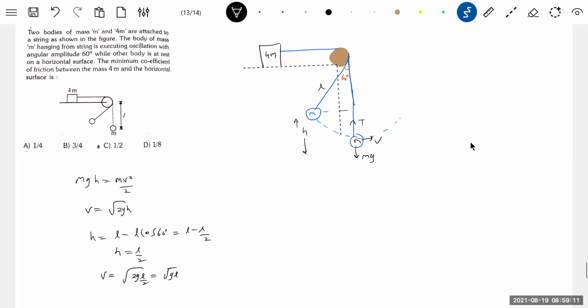Root gL. Let's write the circular motion equation: T minus mg equals mv square by L. Here you have to look at this. There's a bob, let's analyze. This is going to oscillate. The tension is there, and this tension will act on the block. The block is not moving, which means limiting friction should act here.